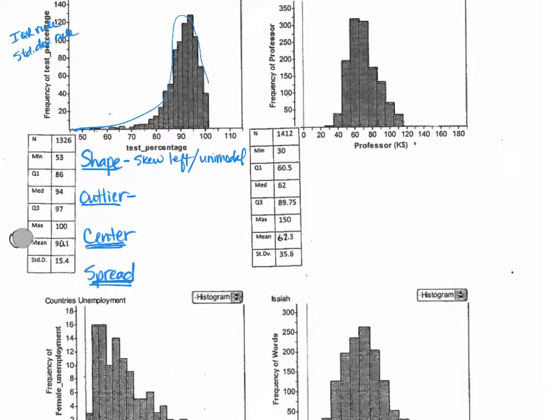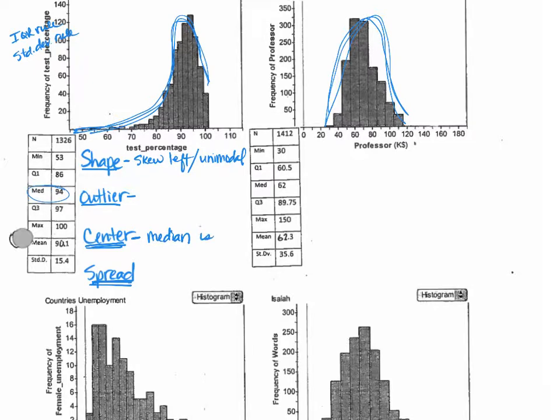So since we have skew, if you have skew, then you must choose to use median and IQR. Because if you have symmetry, then you'll use standard deviation and mean. Okay, and those are those songs. So therefore, the center we want to use is the median, and we want to be specific.